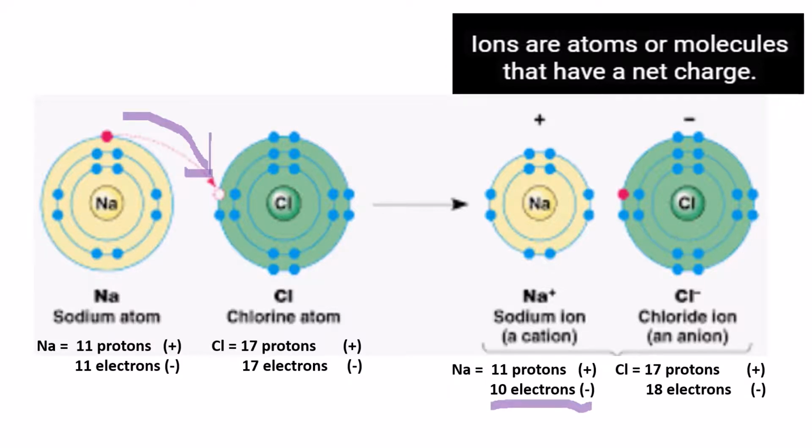Therefore, there is now what we call a net charge. Sodium gains a positive charge and chlorine gains a negative charge. This is now what we call an ion.